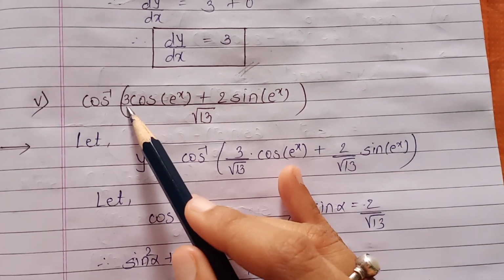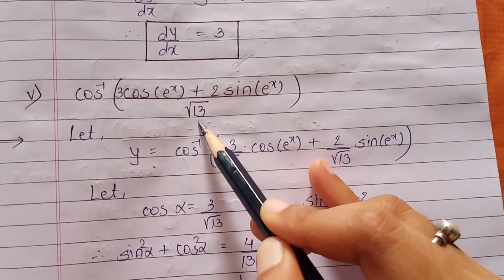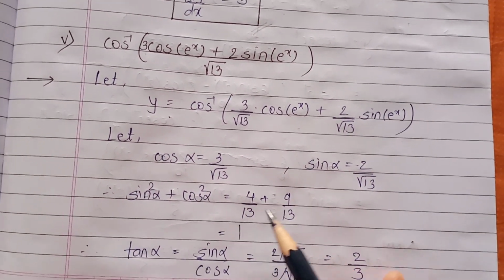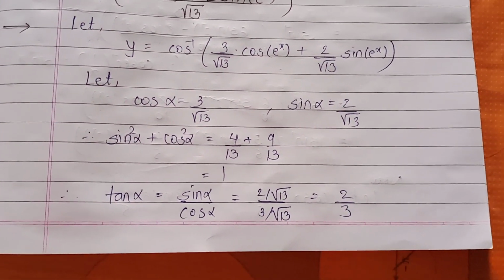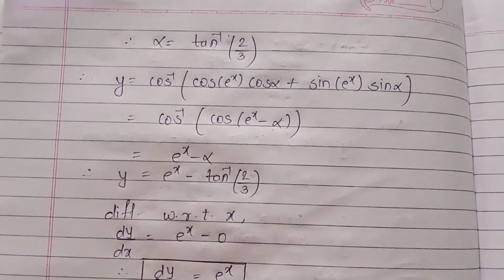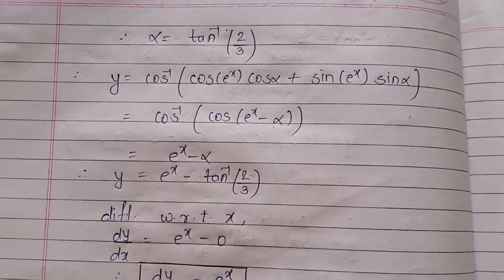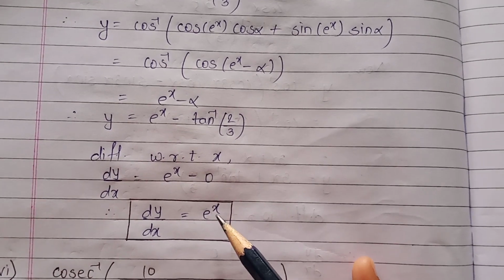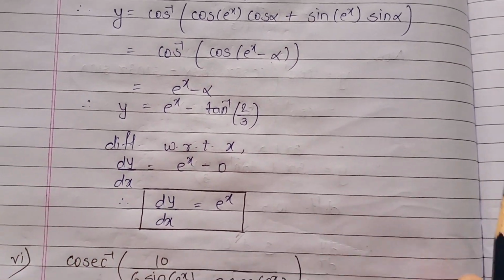It means your cos alpha will be 3 upon root 13 and your sin alpha will be 2 upon root 13. So solve it and you can check in the video after solving. A similar procedure is there, so try to solve it. Like this you will get your answer. The final answer will be e raised to x.